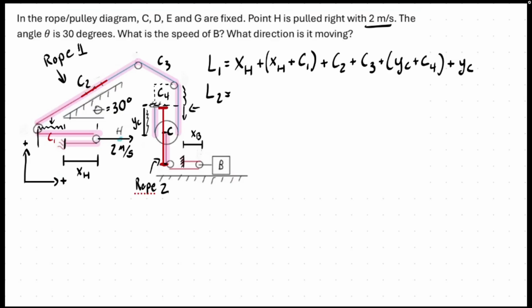So we can treat this as an arbitrary constant that we created, C5. C5 minus YC is going to be just whatever this portion is, because YC is a portion of this entire constant. So for the second equation, C5 minus YC is going to be that first part.